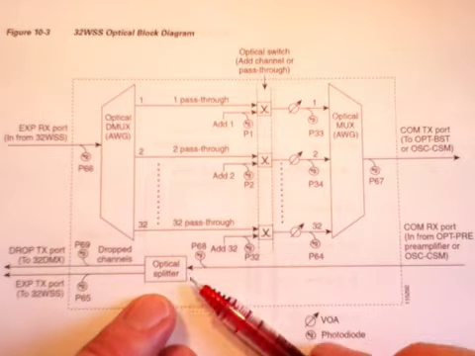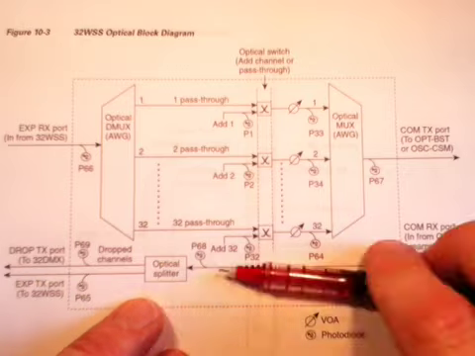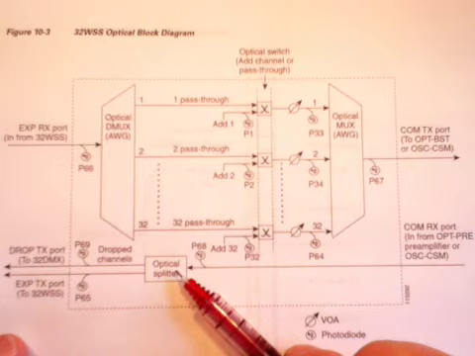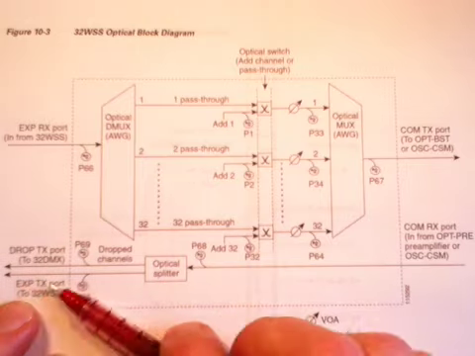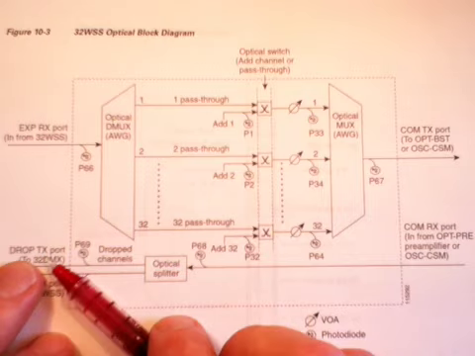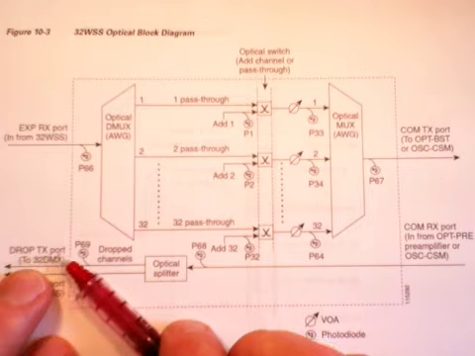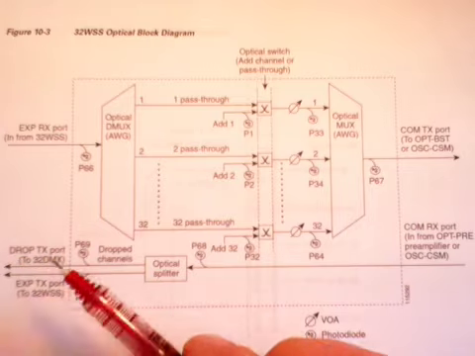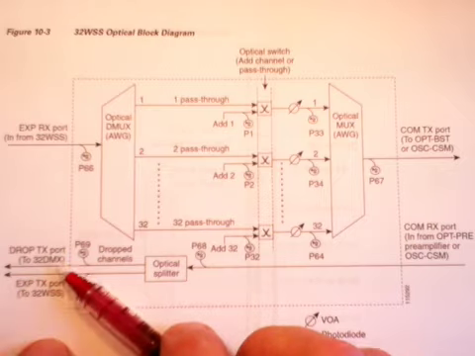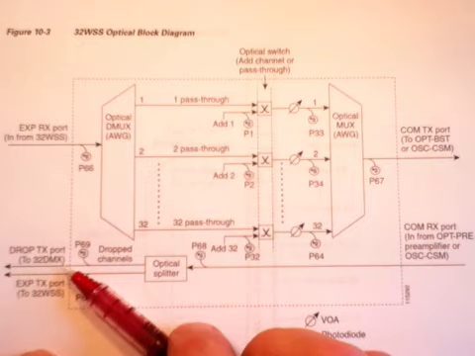Basically, you have an optical splitter that allows you to send all of the channels out what's called the express port, the express transmission port, and then again all of the channels go out the drop transmission port. And what you're going to do then is send the drops to another demultiplexer, a 32DMX, and that way you can separate out, and only those wavelengths that you want to drop do you take.